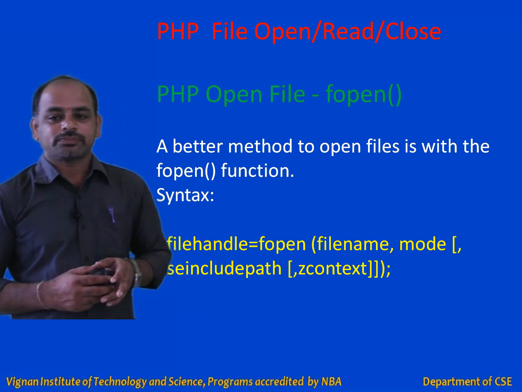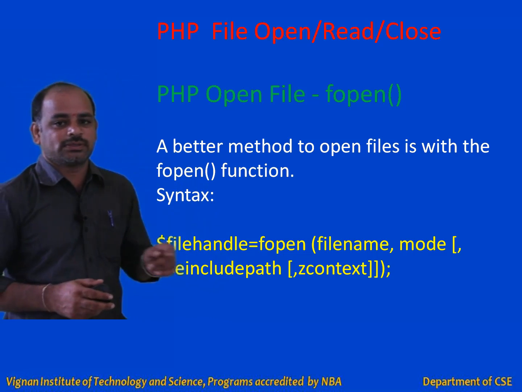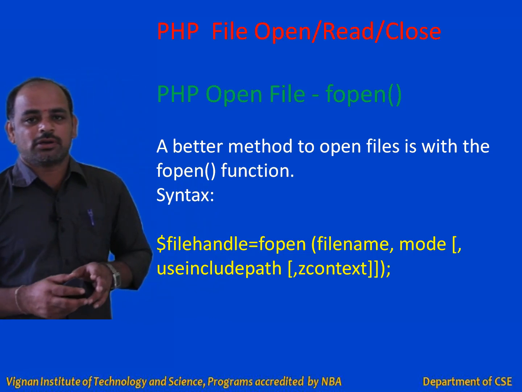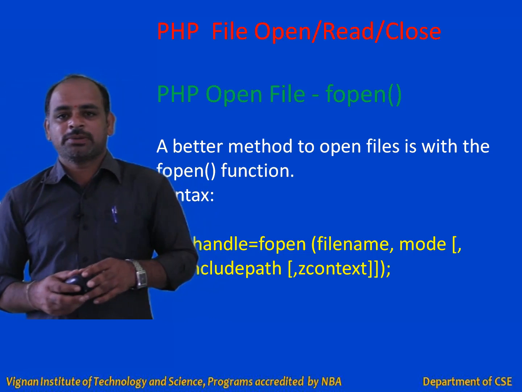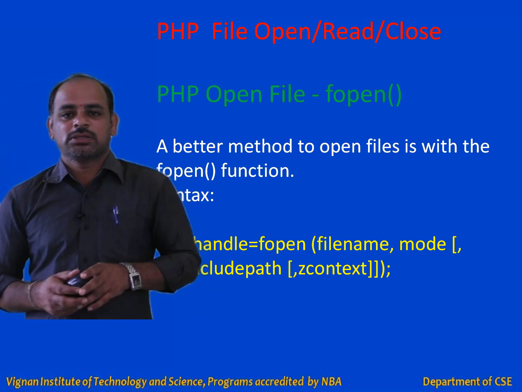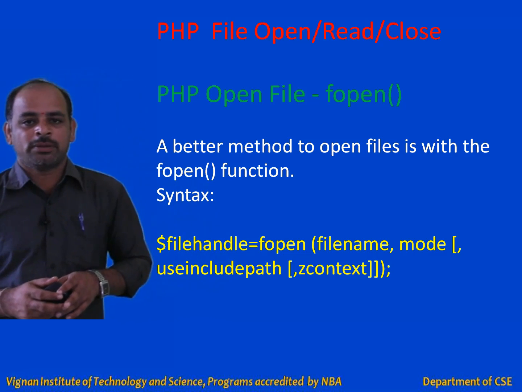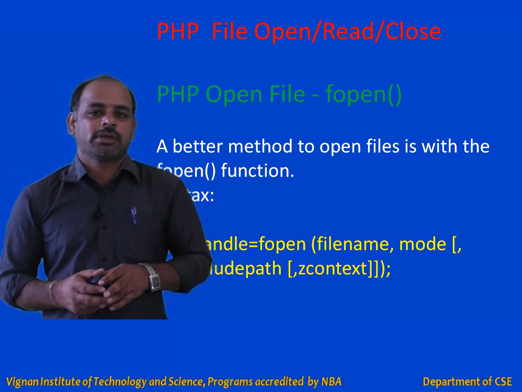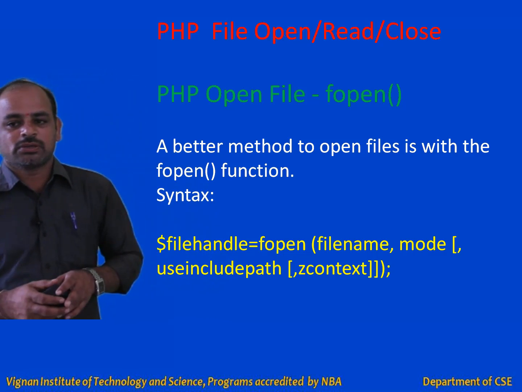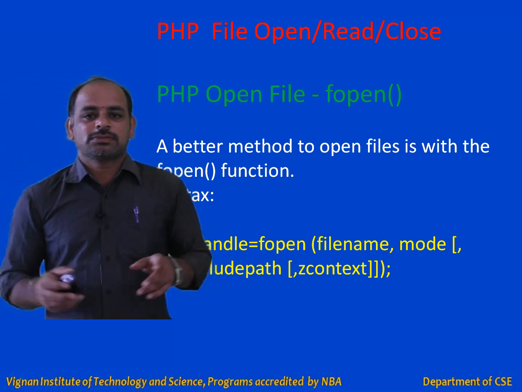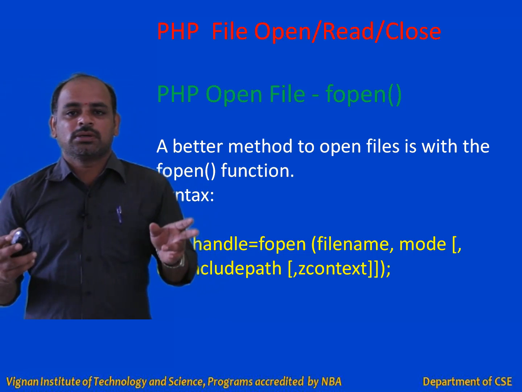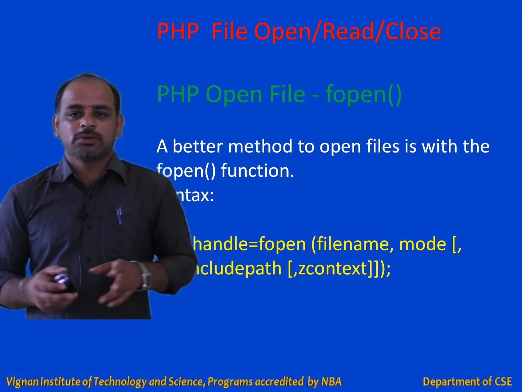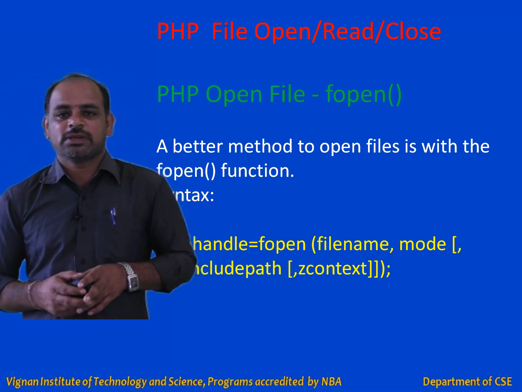Next one is use include path. That is the third parameter. The third and fourth parameters are optional, but the first two parameters, file name and mode, are mandatory. So, use include path: you can specify a Boolean value true, or any non-zero value.